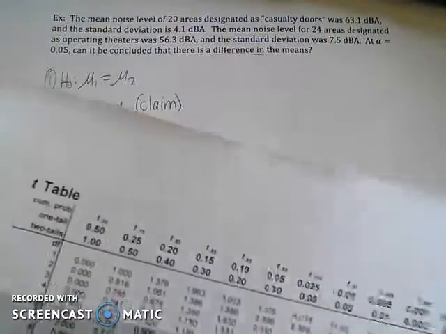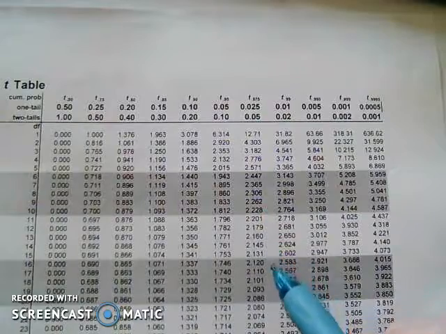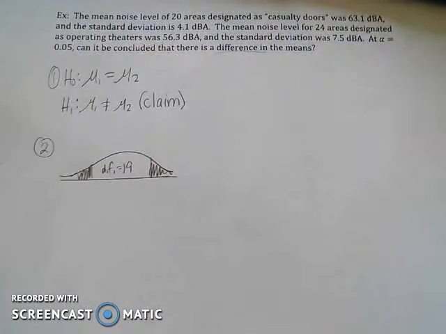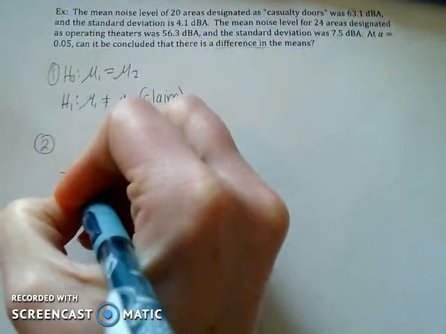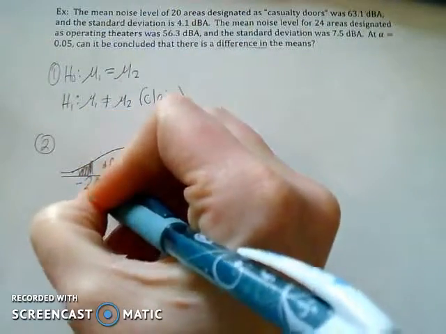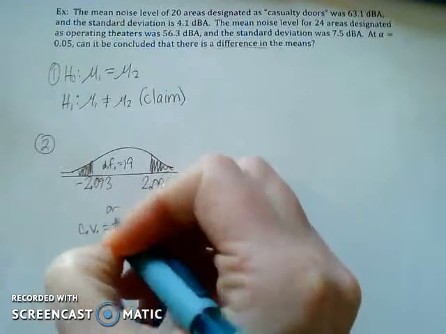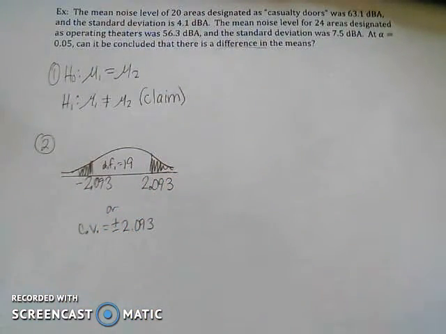So 2 tails, 0.05, down to 19 gives me 2.093, and negative 2.093. Again, if you do not want to draw the picture, you can just write CV equals plus or minus 2.093. If you don't feel like drawing the picture, that's fine.